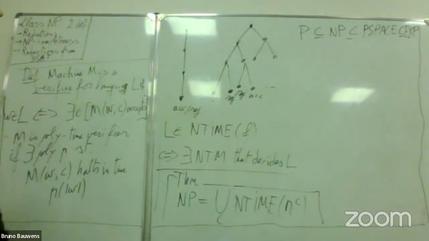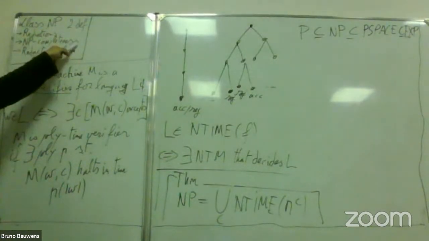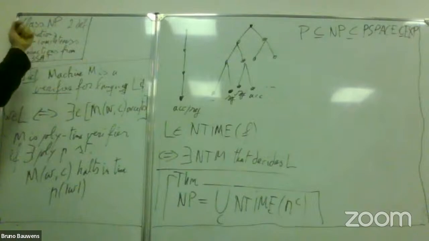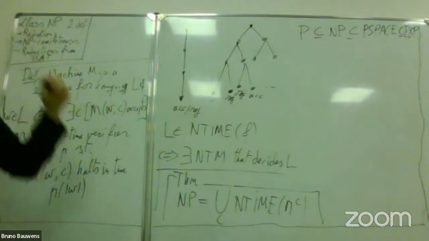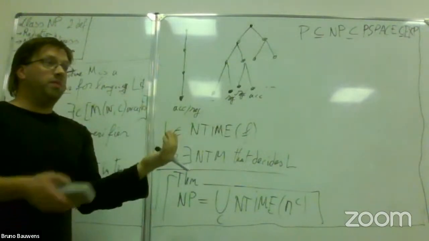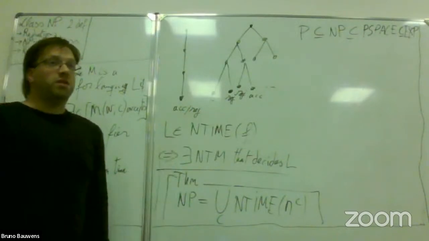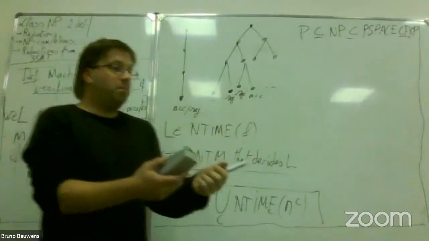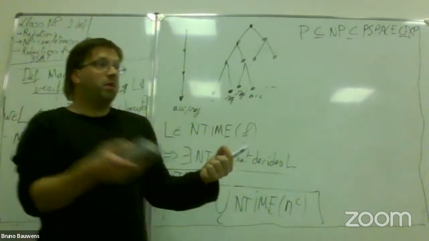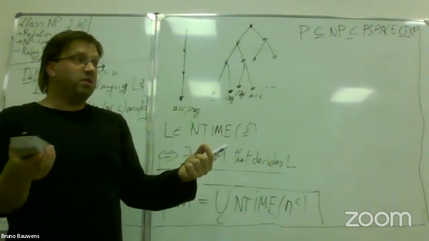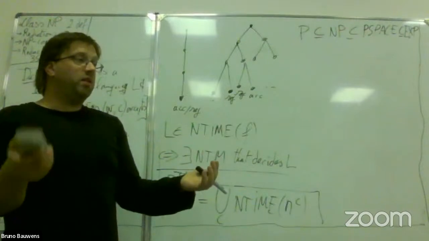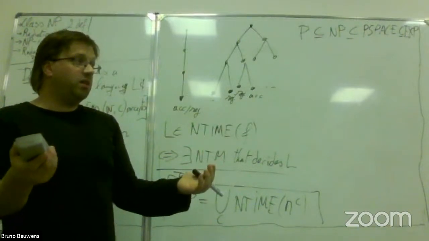Okay. So now let us define what NP-completeness is. But for this, I need to say what a reduction is. Reduction is a way to say that one problem is easier than another. So if we can reduce one problem to a problem for which we already know the solution, that we can solve in polynomial time, then we are done.